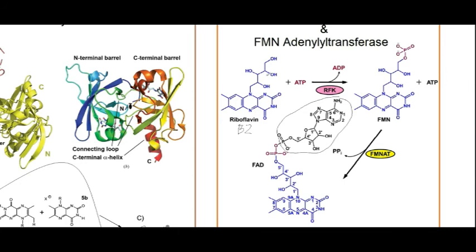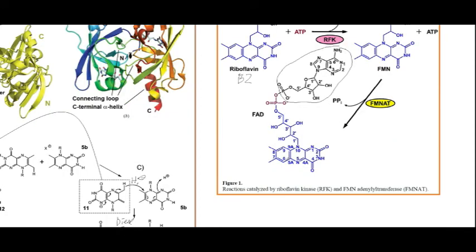This is the dietary form. This stuff happens after it is ingested, so it's not technically part of riboflavin biosynthesis, but it is important to generate this active form here, which, as I said, is used in redox reactions.